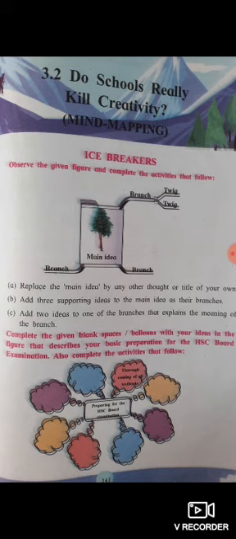And next is: add 3 supporting ideas to the main idea as their branches. Same, you have to divide that main idea into 3 branches. Next is: add 2 ideas to one of the branches that explains the meaning of the branch.